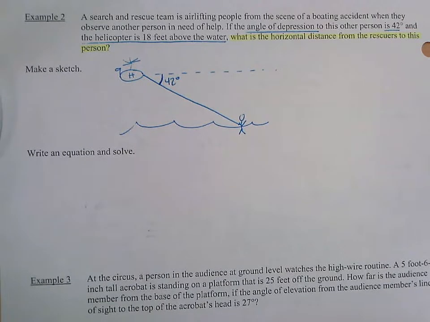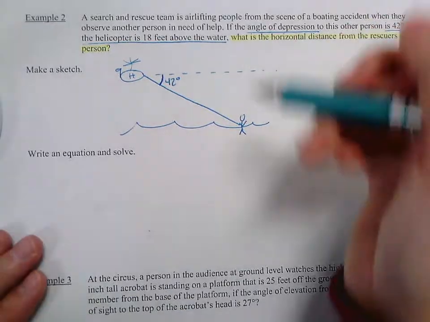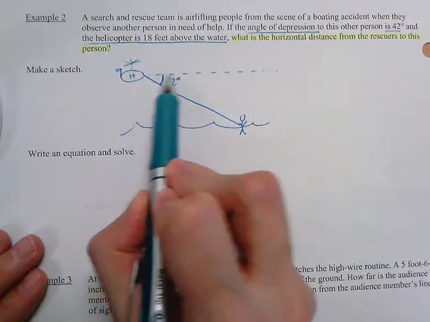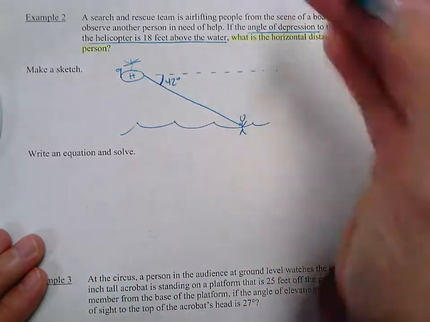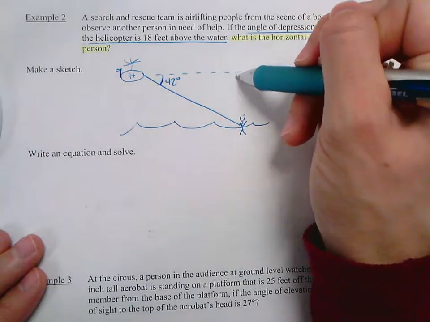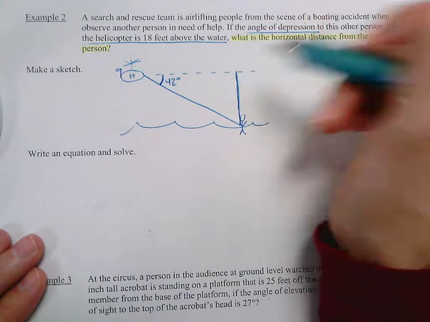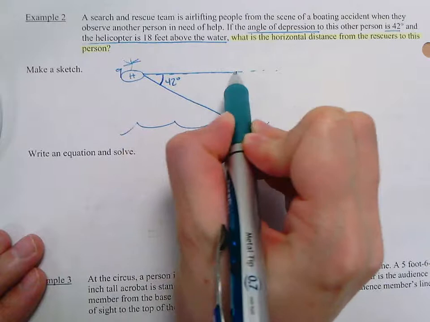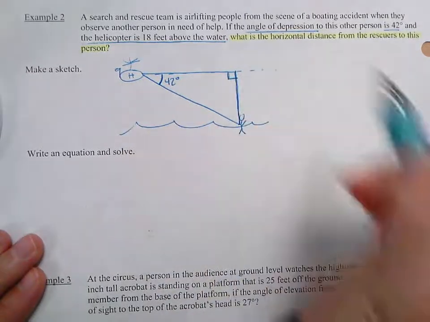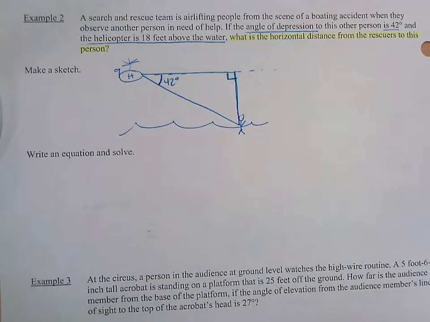Okay, then it says the helicopter is 18 feet above the water. So I'm going to just draw my triangle this way because I already have my horizontal. Here's my sight to the person. So if I were to finish off my triangle here, where would the 18 go? Which side of my triangle is the 18? Yeah, the opposite, the height.